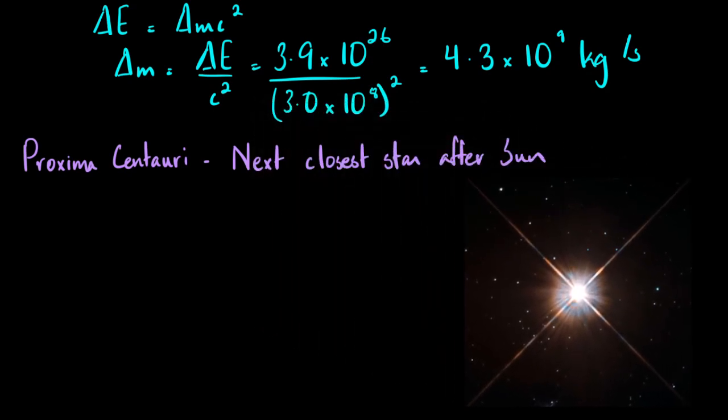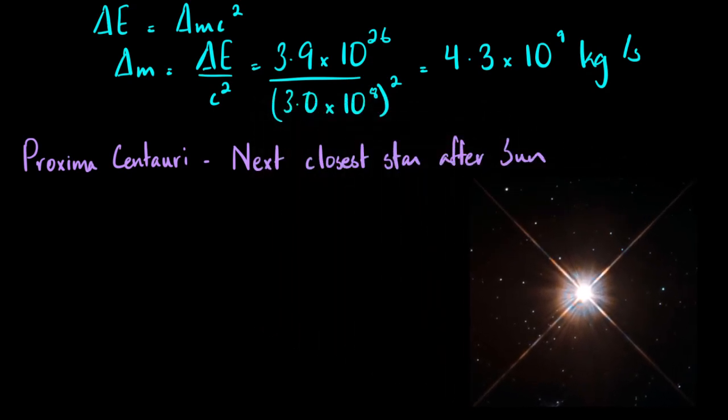This is the highest definition picture of Proxima Centauri you could get. It's pretty much like how we always imagined stars as kids, except for the shape, right? This is how stars appear in movies as well, with this intense flash. So the luminosity of Proxima Centauri is much, much greater than the luminosity of the Sun. But any star except the Sun only appears to us as a small speck, right? So it's not very visible.